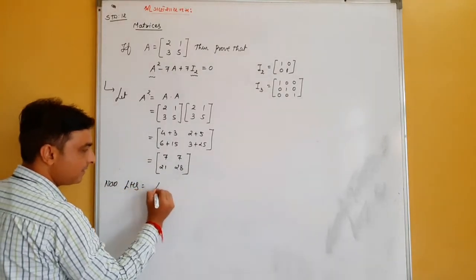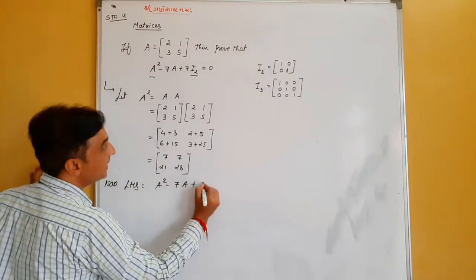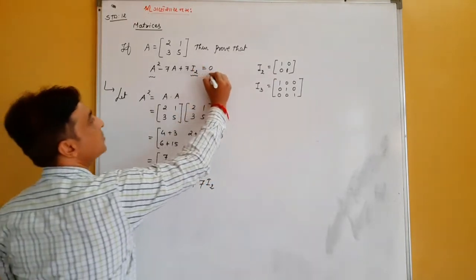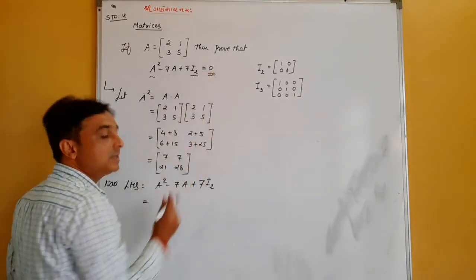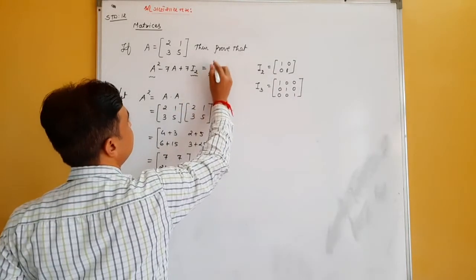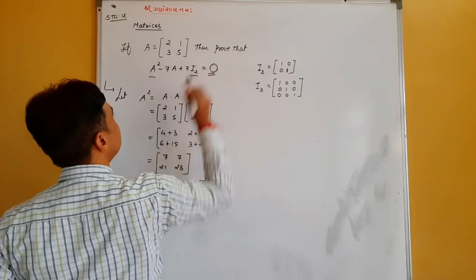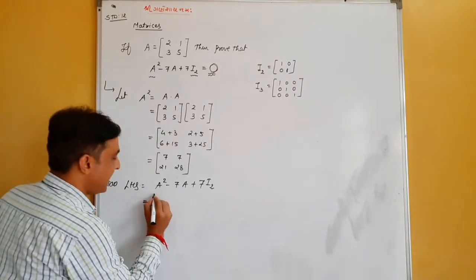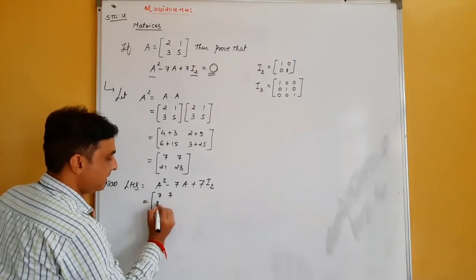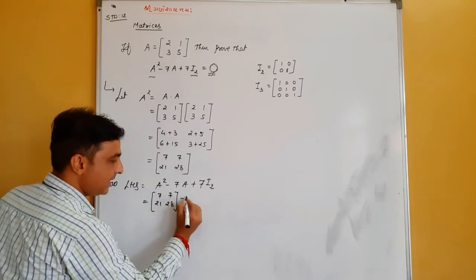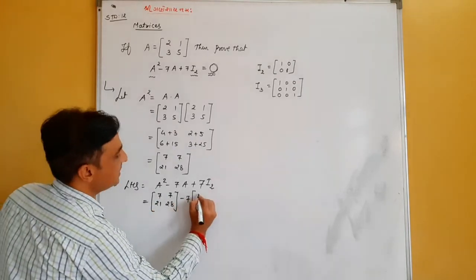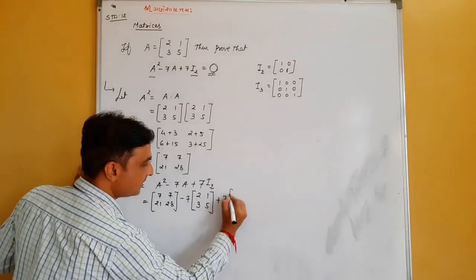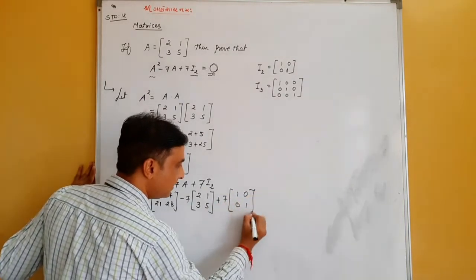Now, left hand side, what is A square minus 7A plus 7I2? We have to find it; this is the zero matrix. It is not a zero, it is O. It is denoted by O and O is the zero matrix, so all entries of the matrix will be 0. So A square is 7, 7, 21, 28 minus 7 into A. What is A? 2, 1, 3, 5, plus 7 times 1, 0, 0, 1.